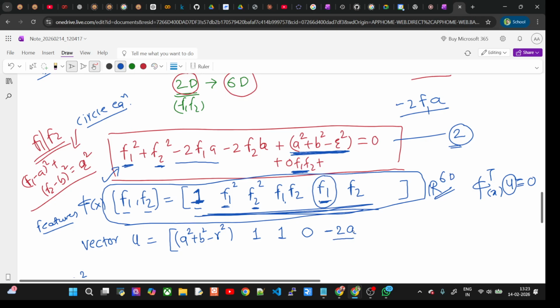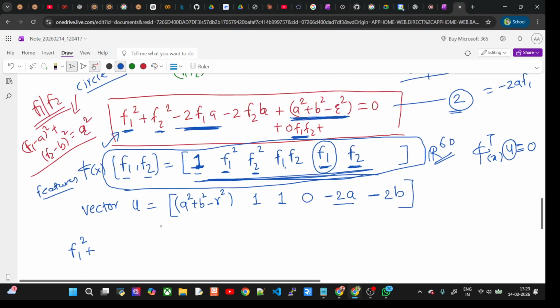Minus 2a into f1 gives you minus 2a f1, which is here. Same way for f2, minus 2b.